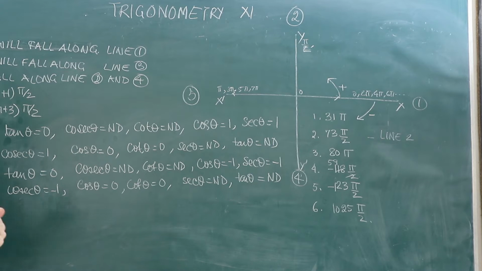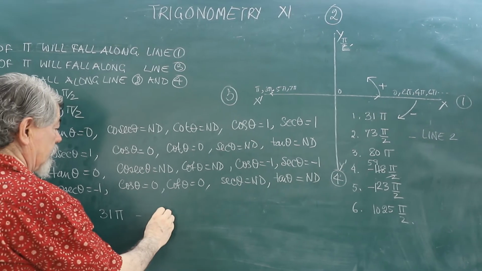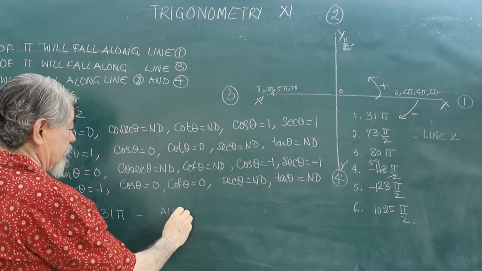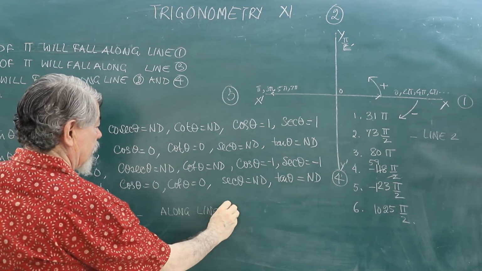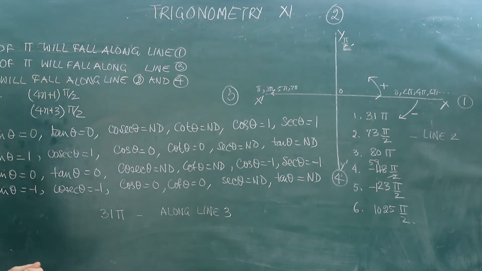Along line 3 we have odd multiples of pi. So 31 pi is obviously an odd multiple of pi. It will fall along line 3.